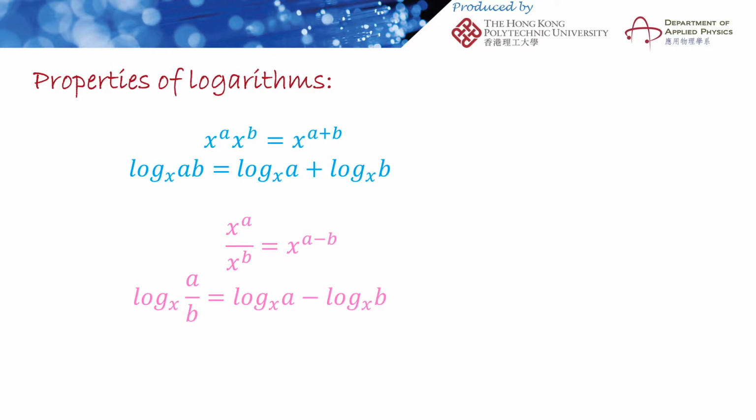Then I will talk about the properties of logarithms. We know that x to the power a times x to the power b, they are the same base. The answer is equal to x to the power a plus b. When we present this in logarithm function, we would write log base x of a times b is equal to log base x of a plus log base x of b.